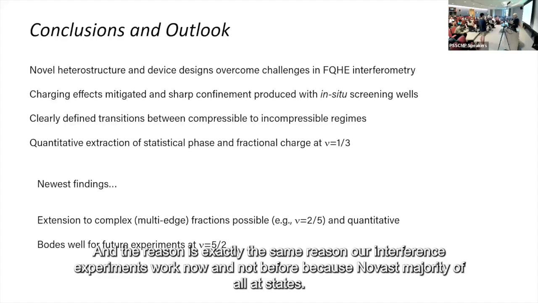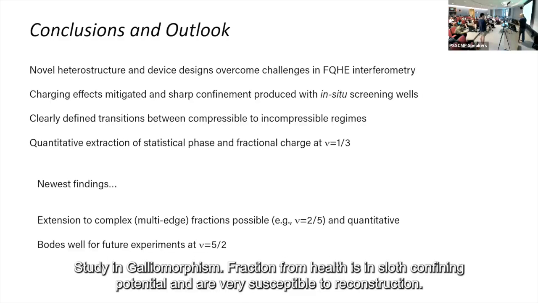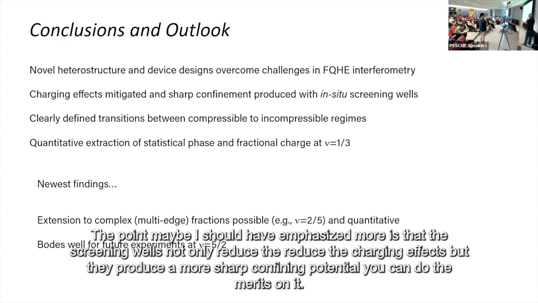Right. And the reason is exactly the same reason our interference experiments work now and not before: the vast majority of all edge states studied in gallium arsenide fractional quantum Hall physics have soft confining potentials and are very susceptible to reconstruction. A point maybe I should have emphasized more is that the screening wells not only reduce the charging effects, but they produce a sharper confining potential.